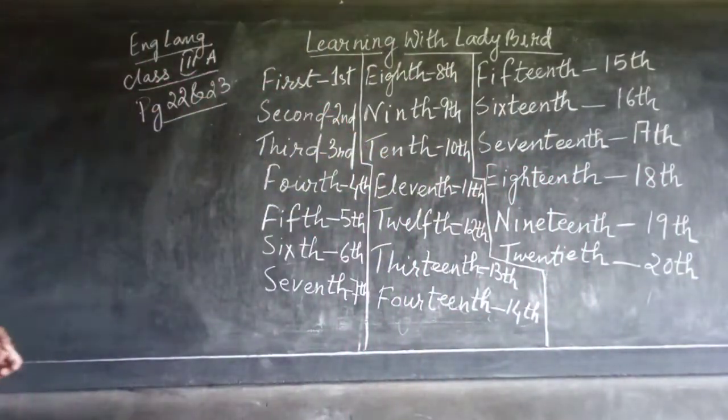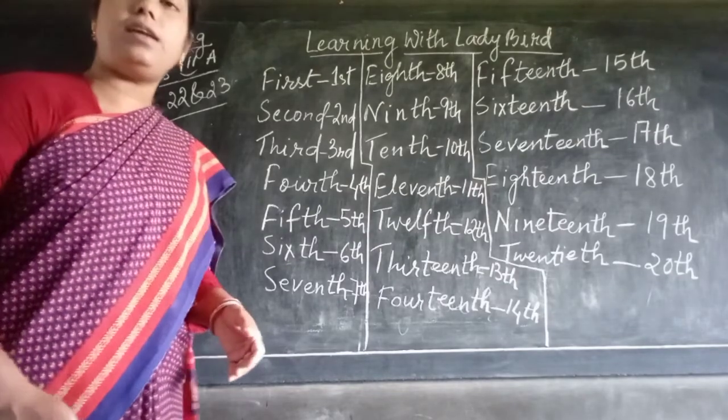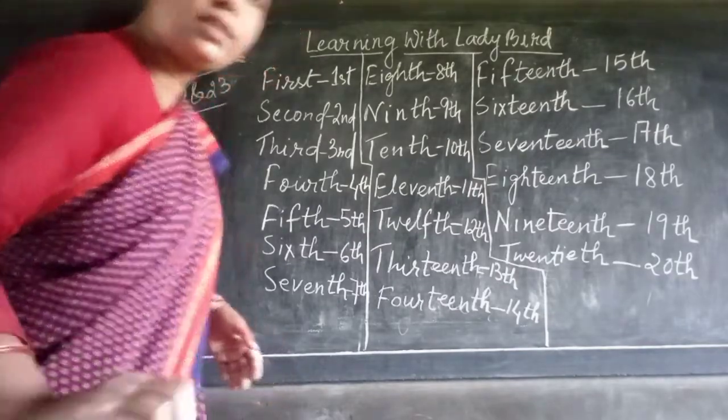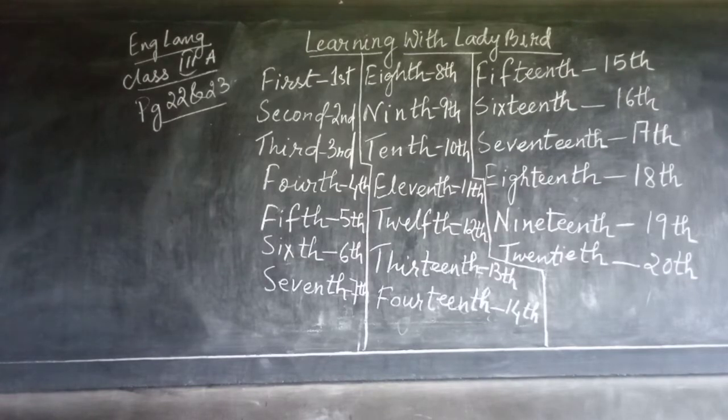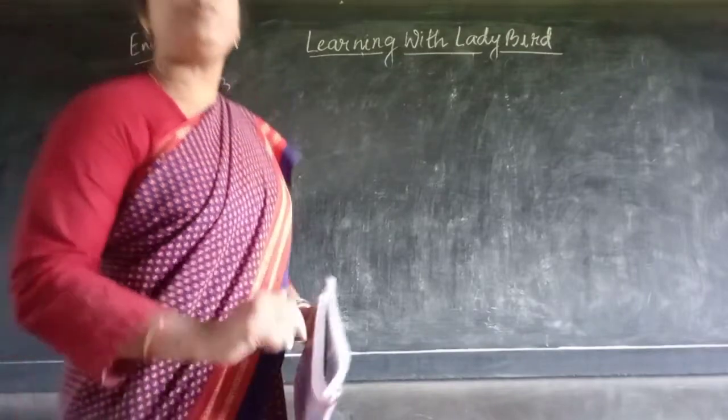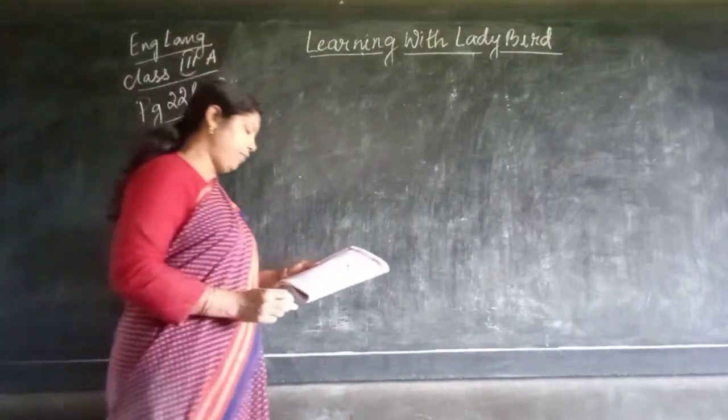In this way you have to write down. I said I'll complete till 30. See, once you see: first, second, third, fourth, fifth, sixth, seventh, 8, 9, 10, 11, 12, 13, 14, 15, 16, 17, 18, 19, 20th.